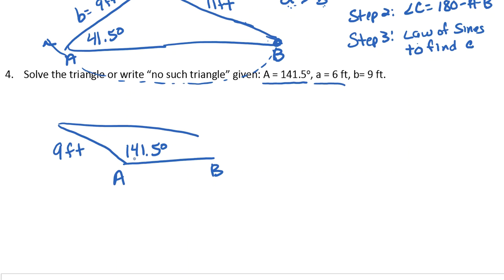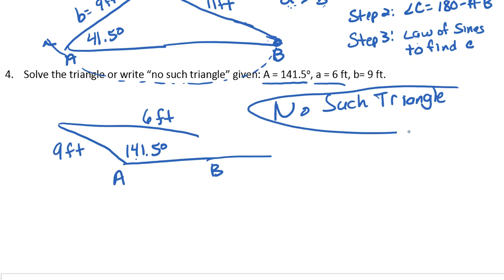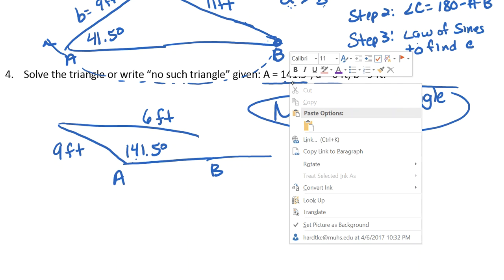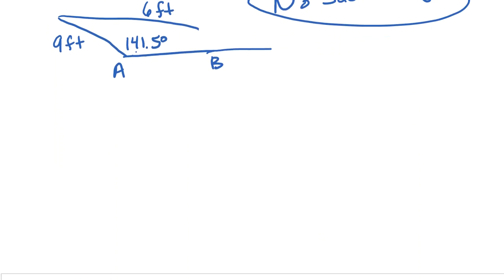If we have an obtuse angle, that's going to be the biggest angle in the triangle. Remember that across from the biggest angle has to be the longest side. So clearly this 6 is not going to do it. It's not going to reach to make a triangle. So here's another case, no such triangle. So remember that if angle A is the largest angle, then side A has to be the longest side.